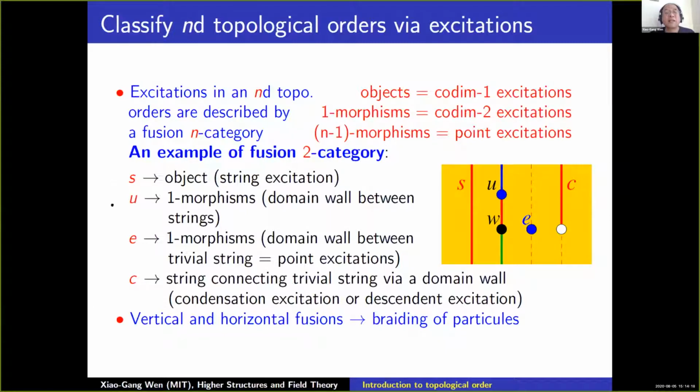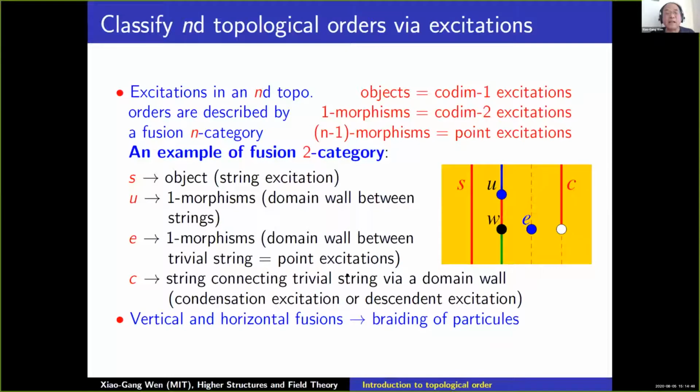Then the one-morphism in the fusion n-category is a domain wall between strings. So that's connecting two different strings. That's a one-morphism, a domain wall between strings. And there's a special domain wall between trivial strings, and that in physics we call a point-like excitation. This domain wall between the same trivial string is a point-like excitation.